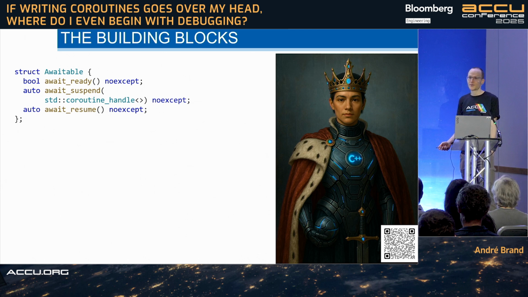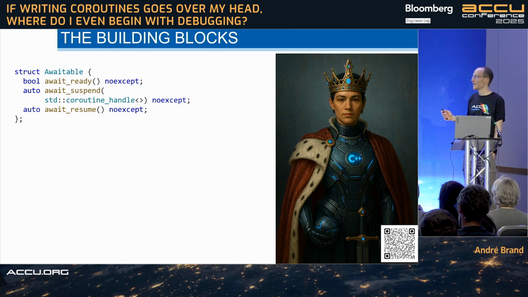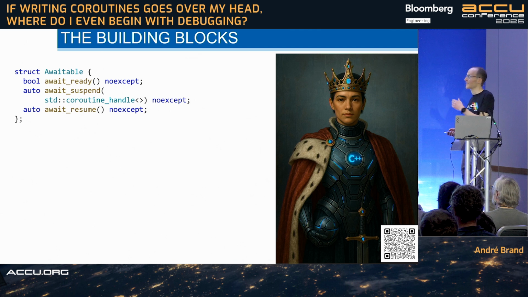We want to suspend and resume. What's the minimum thing we need? We need the user to tell us what it should do on suspend and what it should do on resume. So it's kind of natural to get the customization points await suspend and await resume.